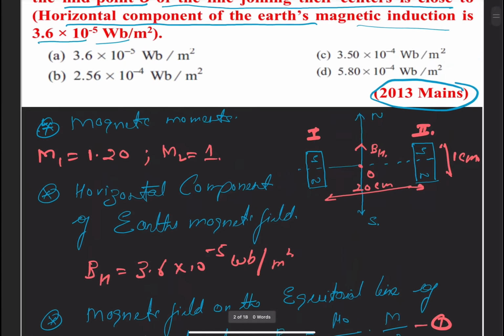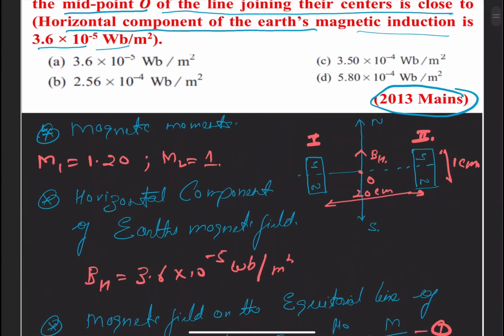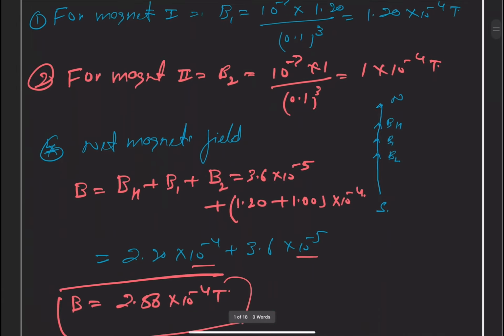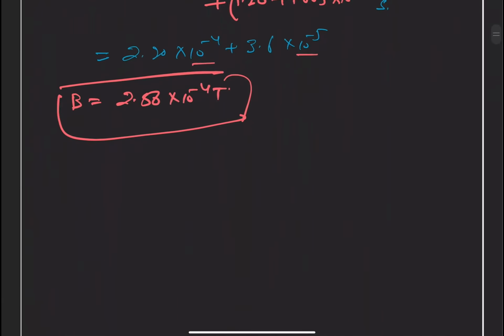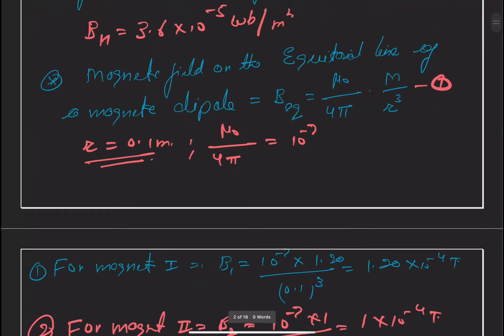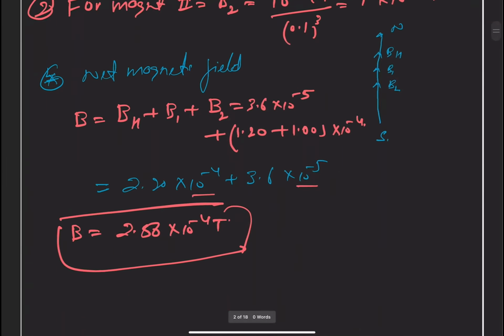So the correct option is 2.56 into 10 to the power minus 4 Weber per meter square. So we can say option B is the correct one.